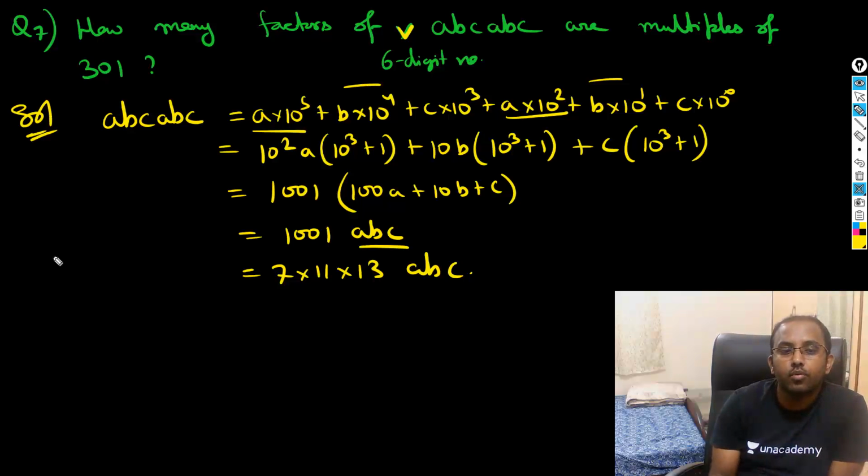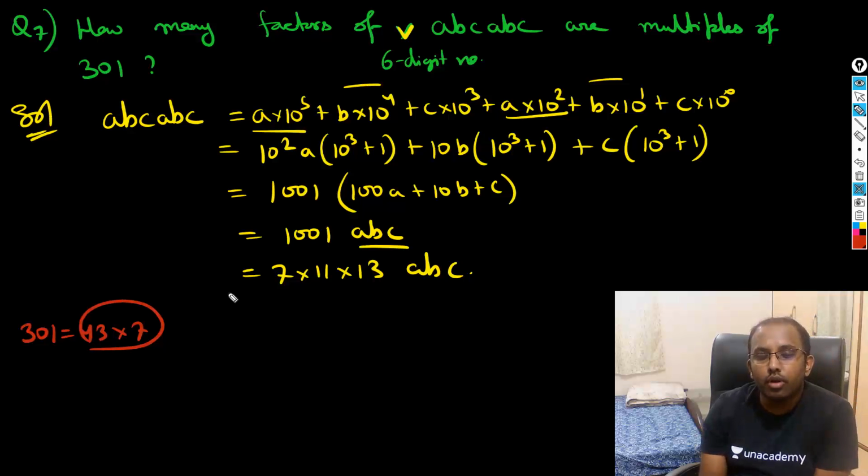Now what is 301? Basically 301 is a multiple of 43, that is 43 into 7. So if I'm looking for a multiple of 43 here, I cannot get that 43 multiple from this part, because from here I can take a 7.